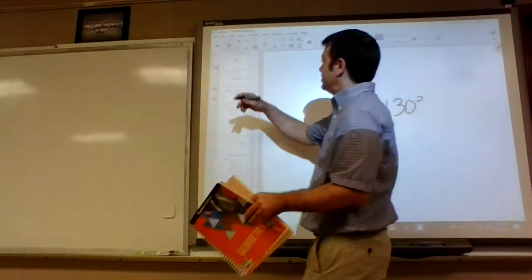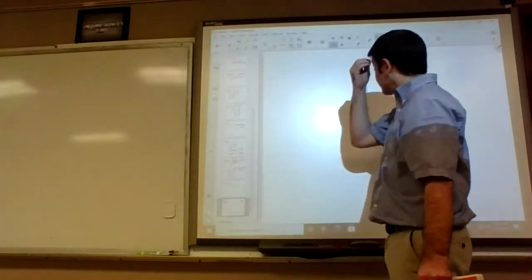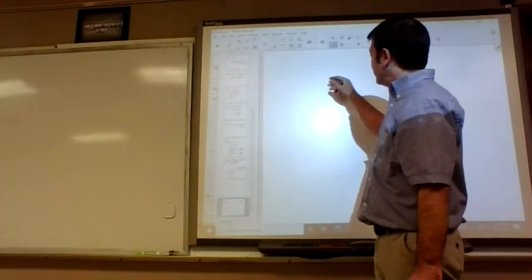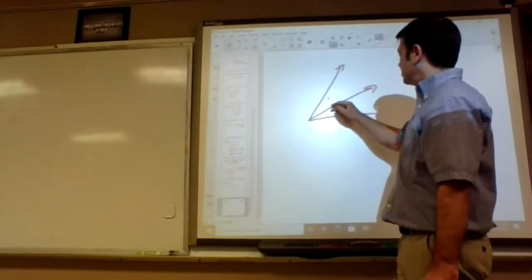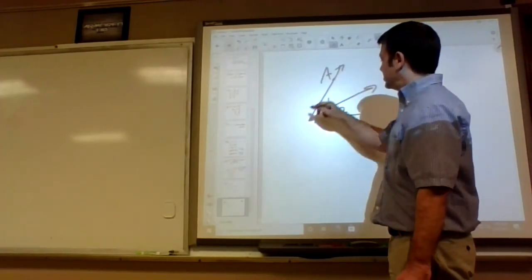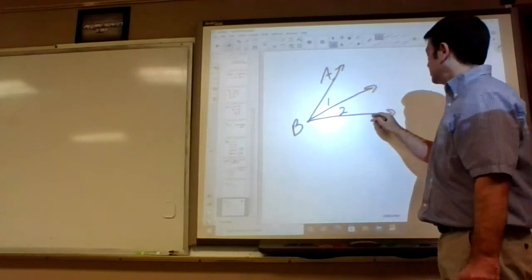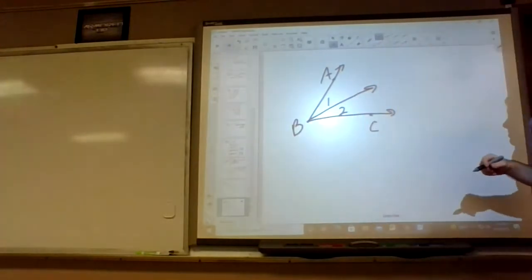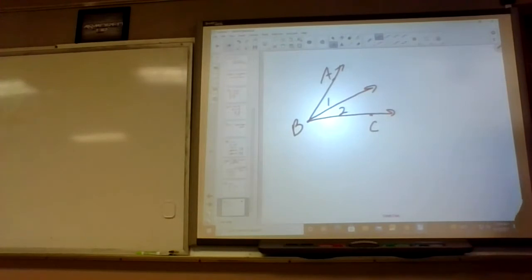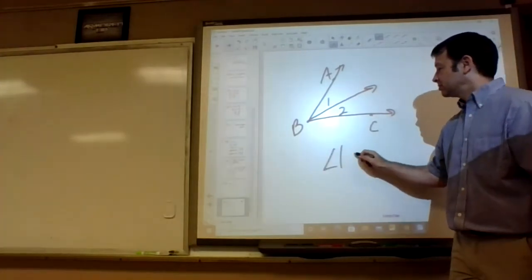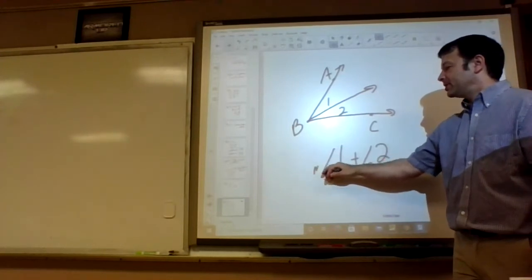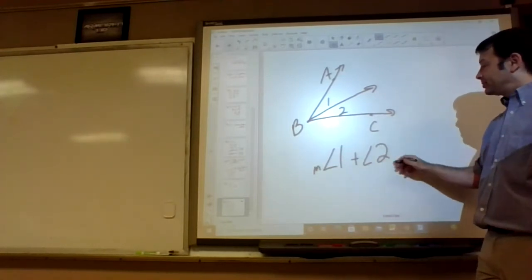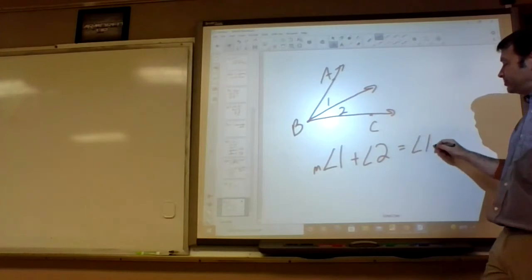Speaking of postulates, I need to remind you of something from chapter 1. If I have this picture here, let's call this big angle, angle ABC. What can I say about this picture? Angle 1 plus angle 2 equals angle ABC. Yeah. So again, technically I should be putting little symbols in here, but angle 1 plus angle 2 equals angle ABC.